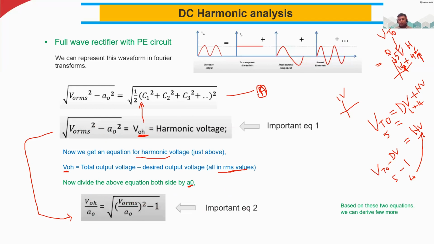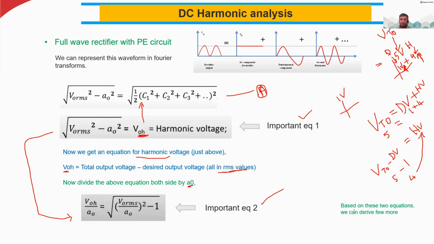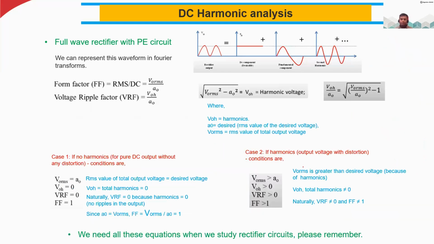This is the important equation number 2. So remember these equations, or note them down. Based on these 2 equations, we can derive a few more equations. That is what we are going to do in this slide.